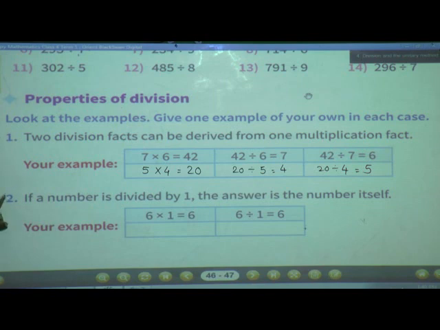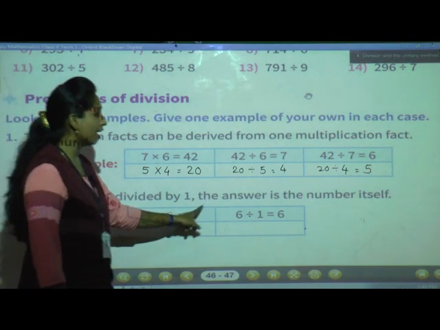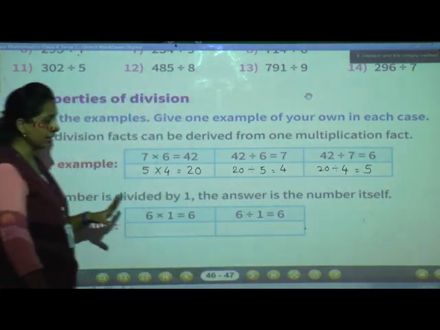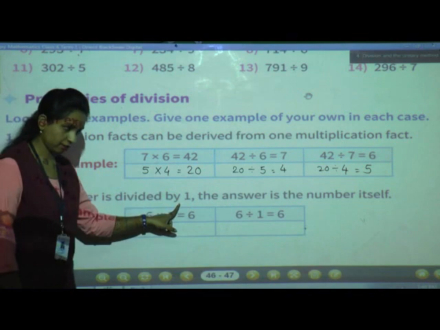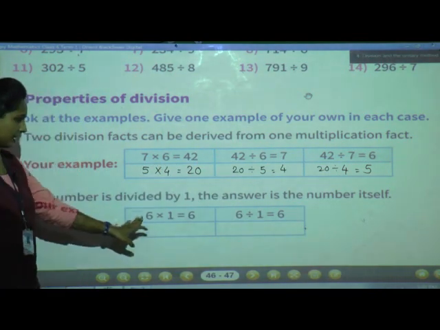Now we will go with the second property. What is the second property? If a number is divided by 1, the answer is the number itself. In division, if we divide any number by 1, we get the number itself.